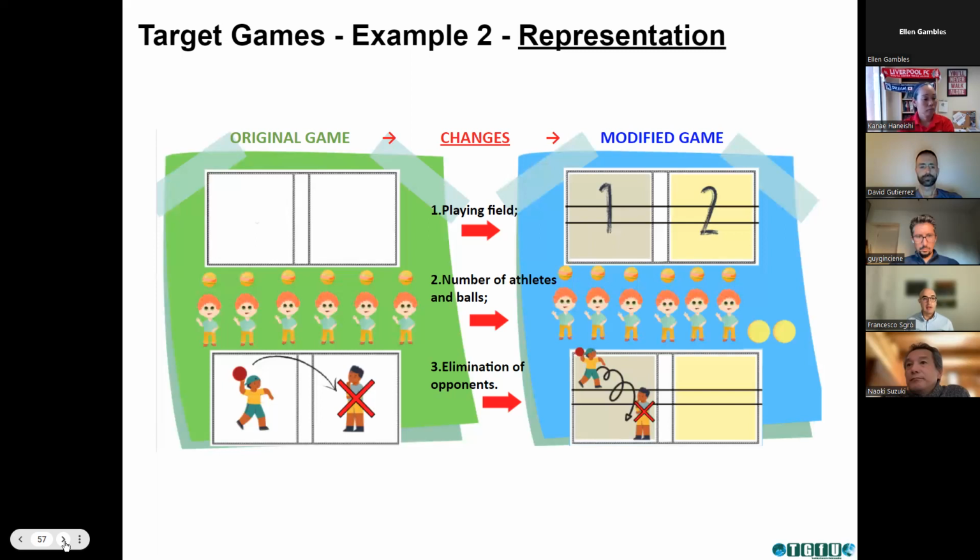Finally, we propose a change in the rules about the way to take out an opponent from the field. In the original game, I can take out an opponent by hitting a ball against them, and an opponent is taken out from the game if he is hit directly.